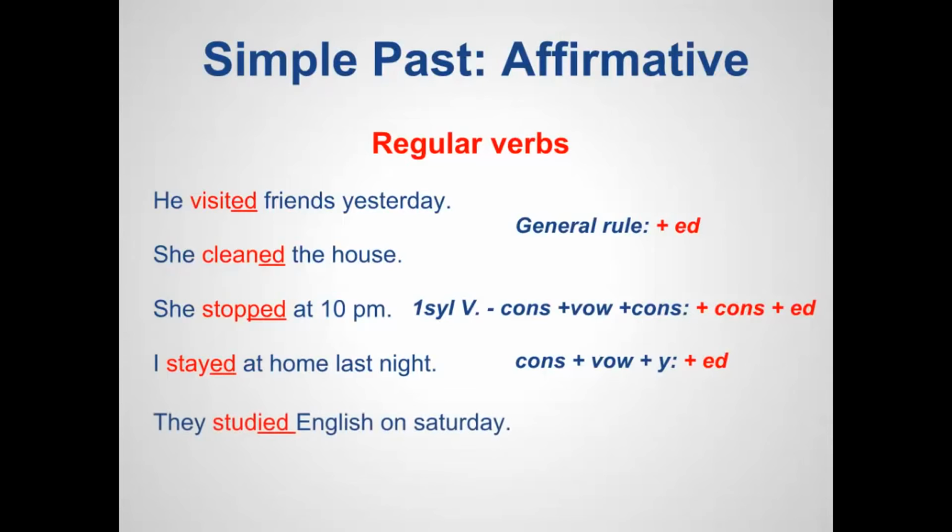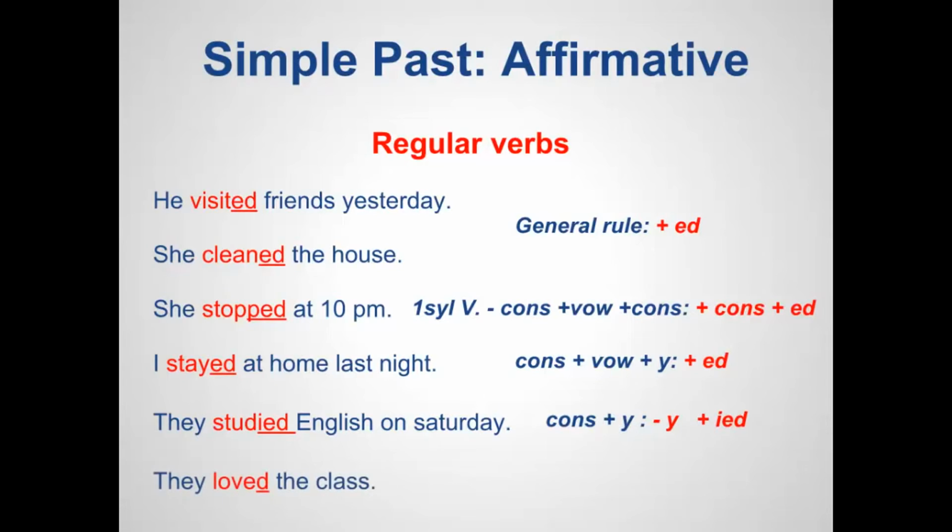But they studied English on Saturday. So pay attention. The verb study becomes studied. When you have a consonant and y, you drop the y and add ied. So study, studied.